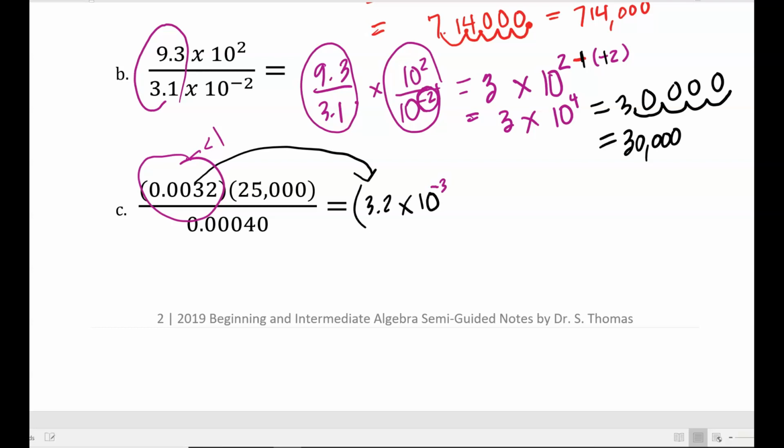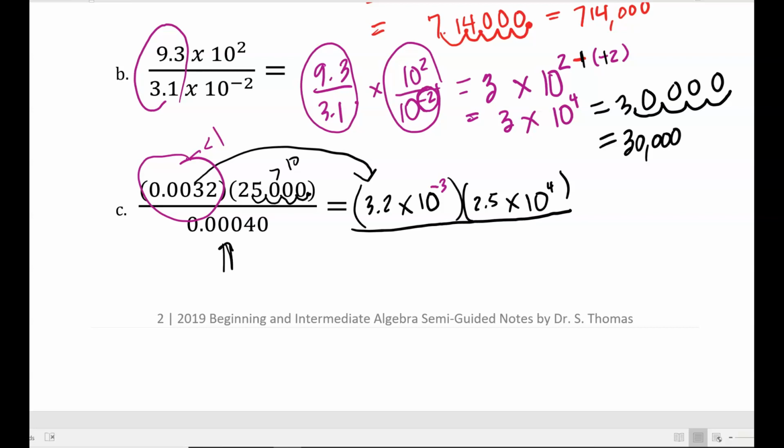And then we have multiplied by 2.5 times what? This number right here is greater than 10. So when you move that decimal 1, 2, 3, 4 places to the left, then that will be 10 to the 4th power divided by, what is this number in scientific notation?